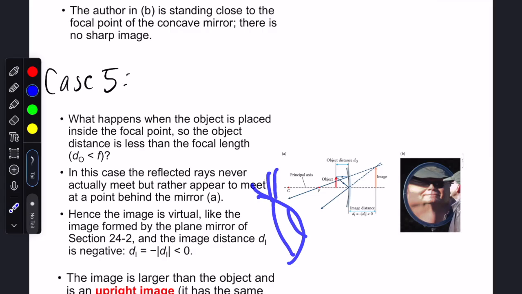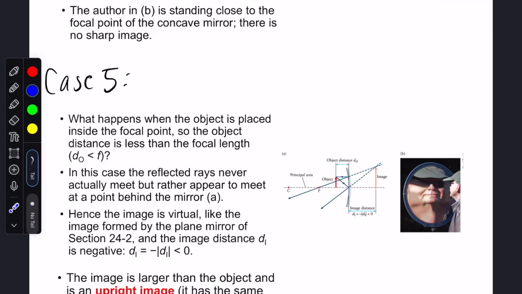Our eyes over here looking at these rays, and it's like, where do these rays come from? Well, let's trace it straight back and see, right? And so our eyes are going to think that this image is behind the mirror, and because they converged up here, that image is going to be magnified and upright, which is the purpose of a concave mirror, right? To magnify something.